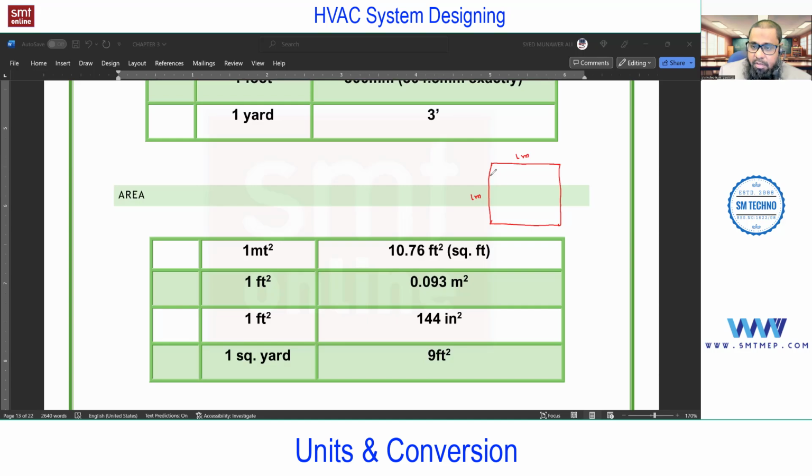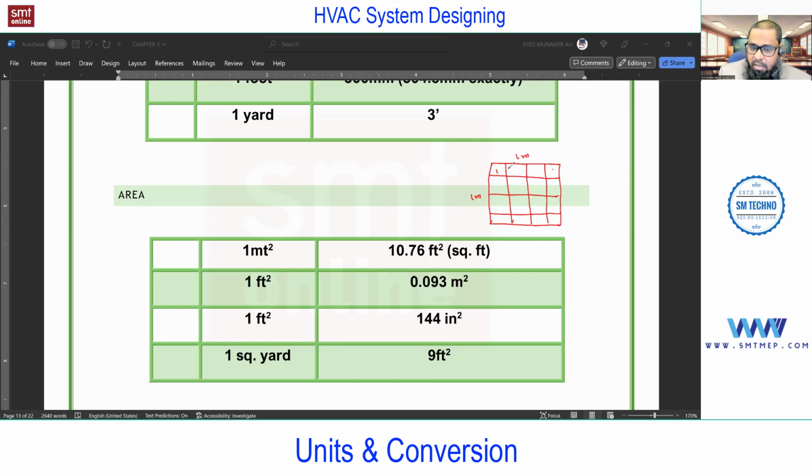Suppose I draw 1 foot, 2 feet, 3 feet. Similarly, this side, 1 foot, 2 feet, 3 feet. And this side, say 0.25. So this is 1 square foot.